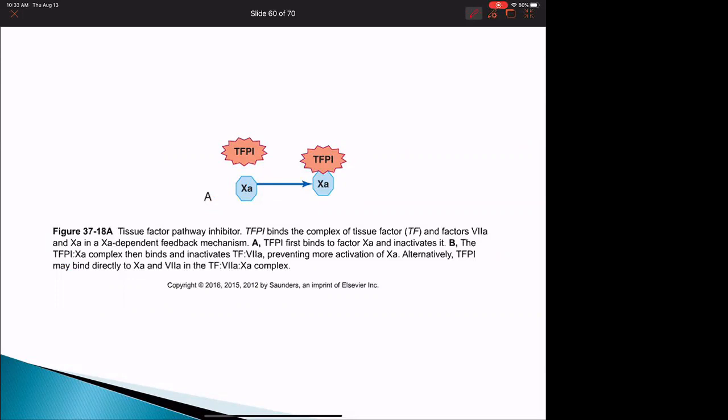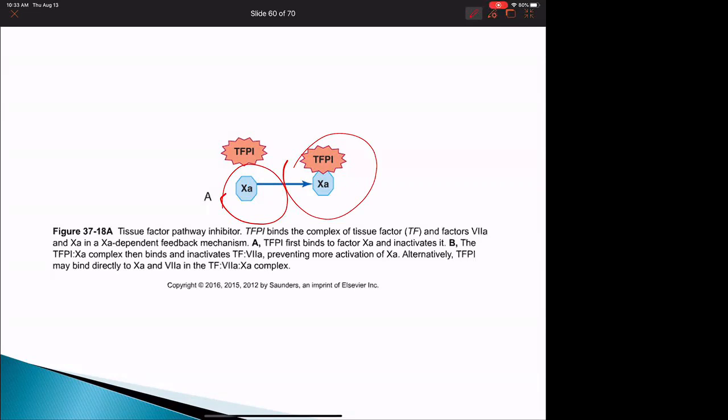Here you have tissue factor pathway inhibitor. Tissue factor pathway inhibitor binds to activated factor 10, right over here, so that it can prevent further activation of factor 10 by the tissue factor activated factor 7 pathway.